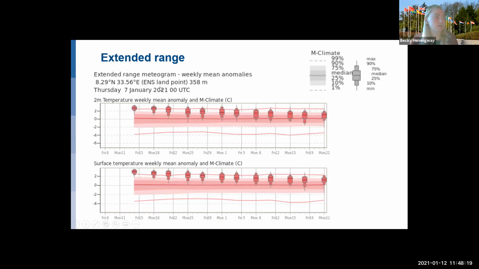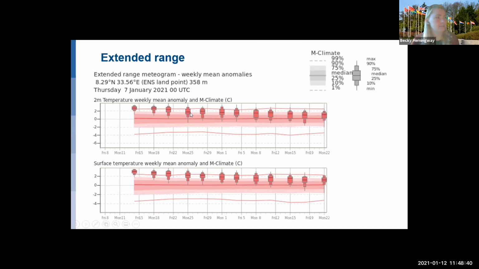These are anomaly plots. So what we're seeing here is, compared to what we would expect, from Friday onwards we see higher temperature, over 2 degrees higher than we would expect for this time of year in that area. So that's why it's showing up on the EFI.